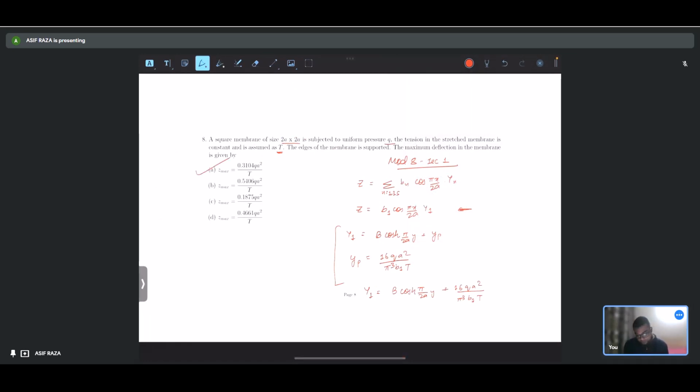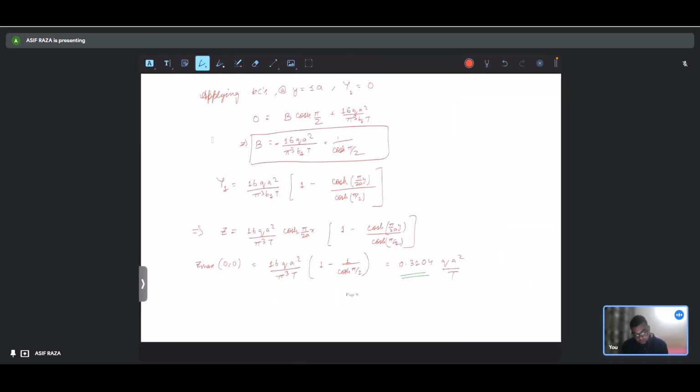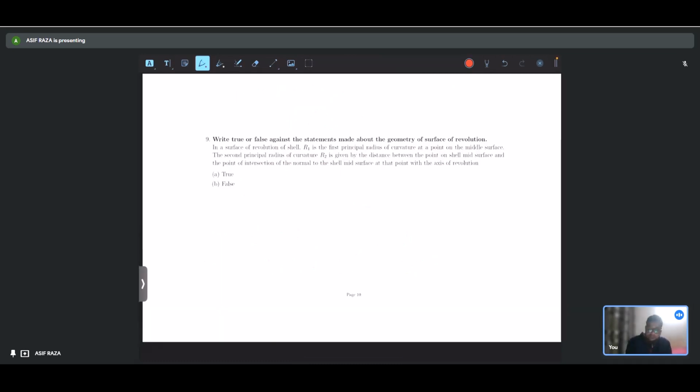Okay, now let's move on to the next question. The further questions are relevant to assignment 9. So let's do this. The ninth question is: write true or false against the statement made about the geometry of surface of revolution.